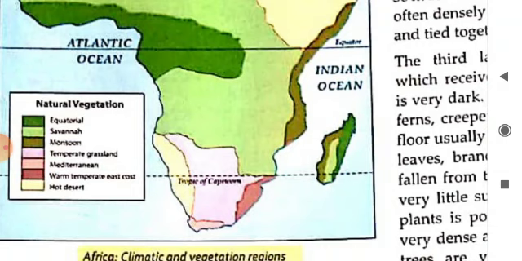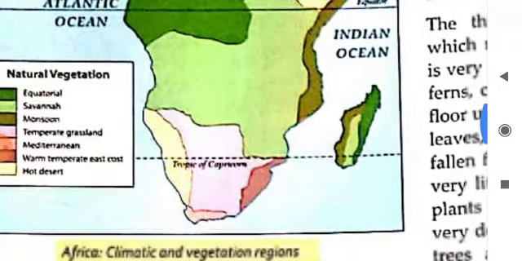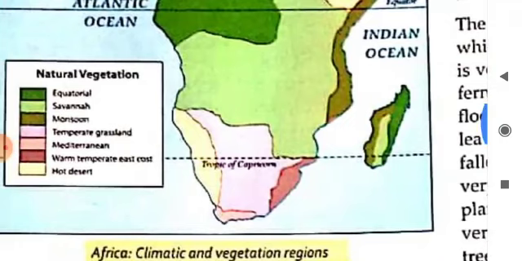Next, temperate grassland type. Look at the violet shade zone. On the high plateau of South Africa, summers are hot with scanty summer rainfall. Winters are cold with little or no rainfall.